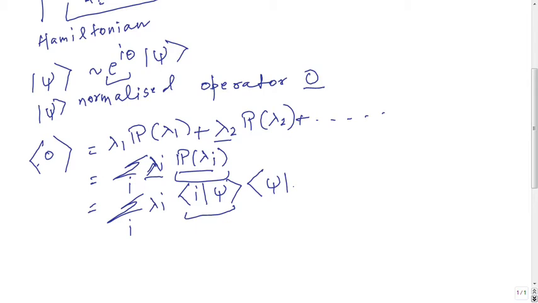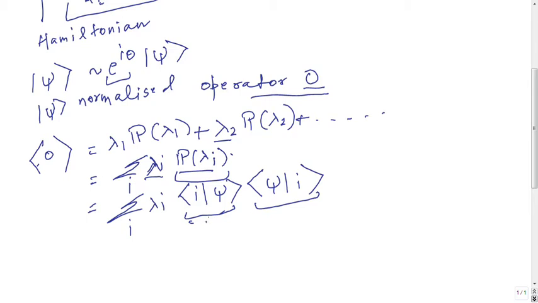This is the complex conjugate of this quantity, and you know that if I multiply any complex number by its complex conjugate, I would get its magnitude square, and this is equal to the probability that the random variable which corresponds to this operator O takes this value lambda i. Okay, so this is how the probability is rewritten.